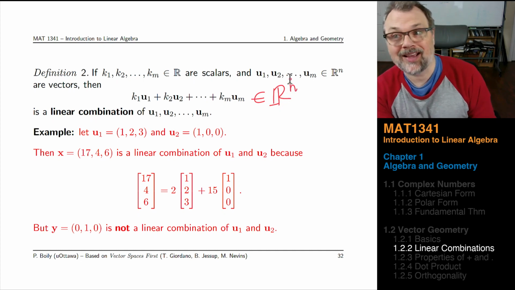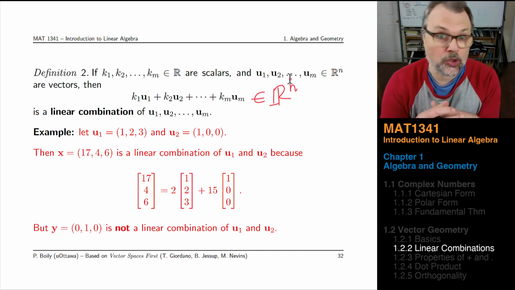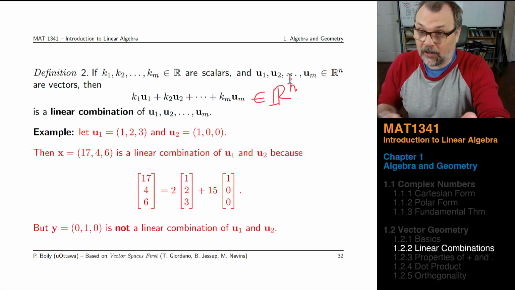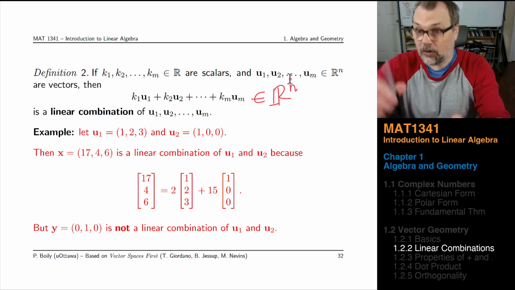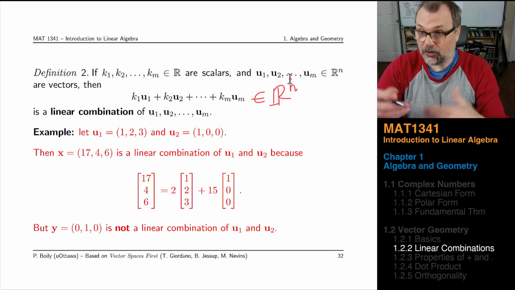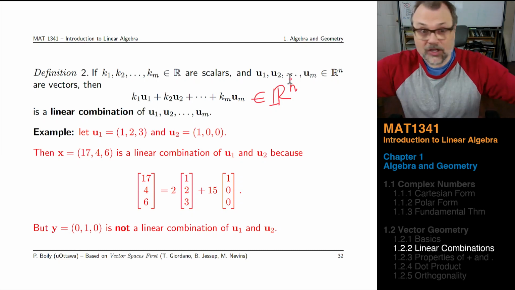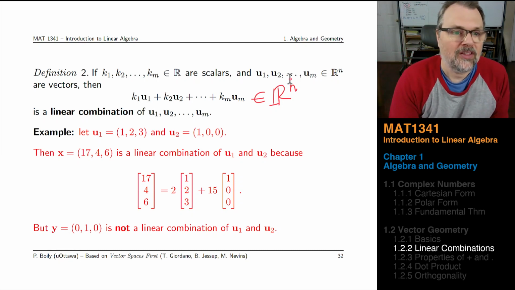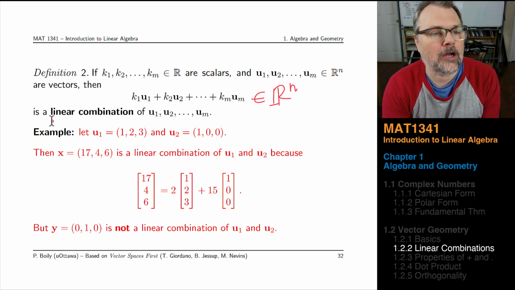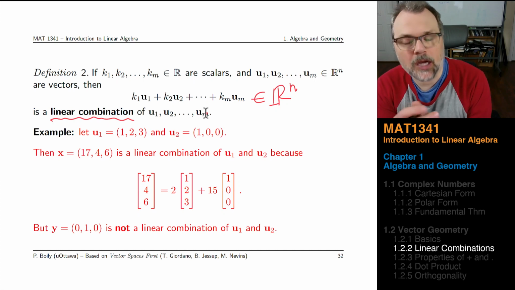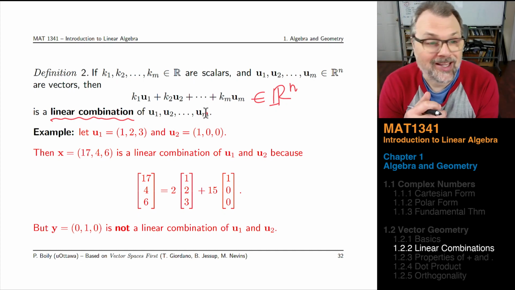You can't escape n space, just as you couldn't escape the ground by simply traveling along Bank Street and Laurier. You had to go upstairs or downstairs before you could find yourself in a location other than the ground. Two space, in this case. That is a linear combination of u1, u2, and so on. This is a concept that we're going to be using extensively.